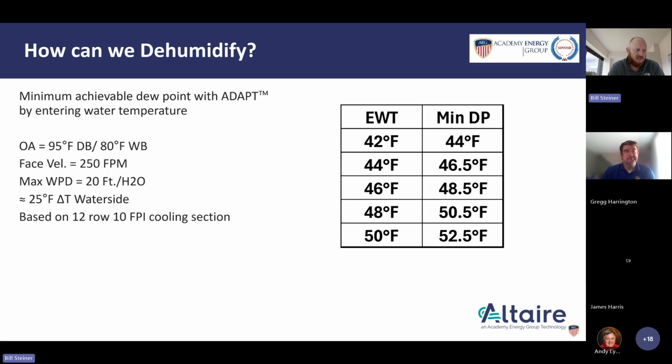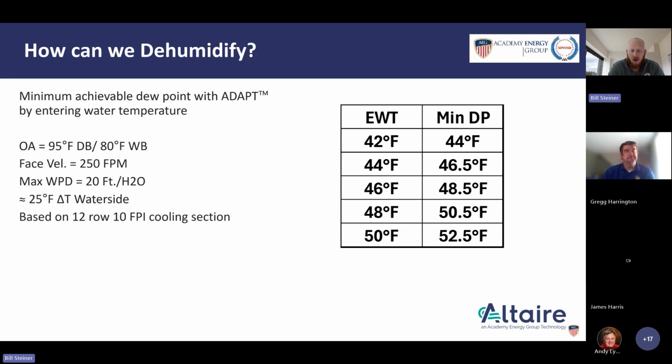I've made some assumptions on the left to come up with this chart, but what you'll see is that 2.5 degrees, roughly, is the closest we can comfortably get on approach to our water temperature. So what that means is if I have 46-degree chilled water, I can get down to about a 48.5-degree dew point with that chilled water.